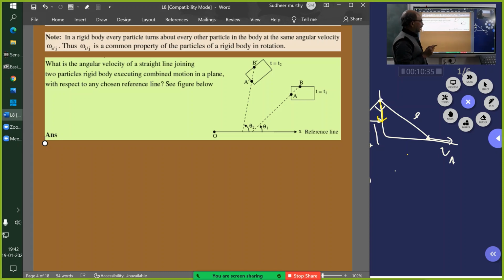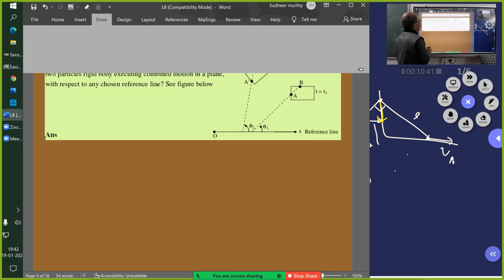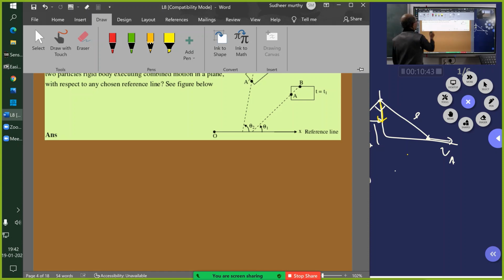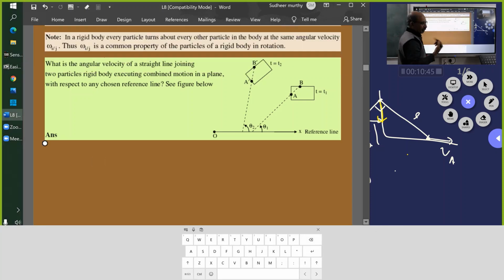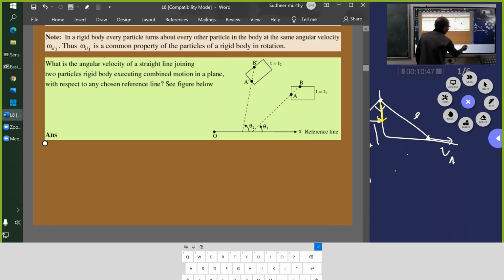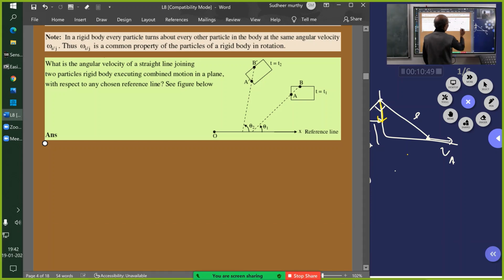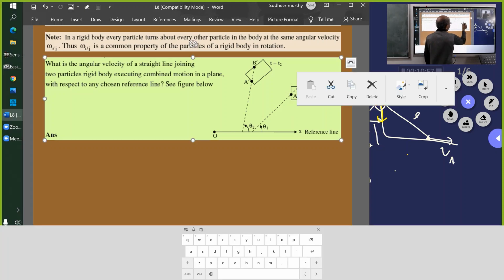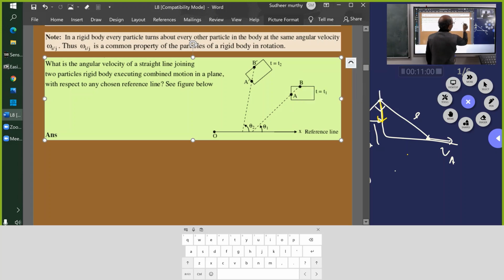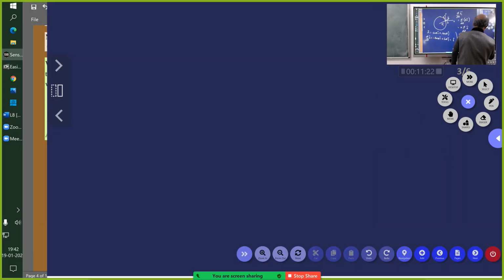Now look at these two diagrams and see, I am just going to try out something. Now what I will do is, there is a line B dash A dash. I will draw a line here parallel to B dash A dash.